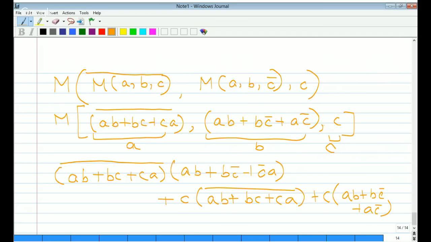Okay. That way, once you simplify, you will get your answer. It is just nothing but Boolean algebra. So I don't think I'll solve it any further. You can just solve it from here on.